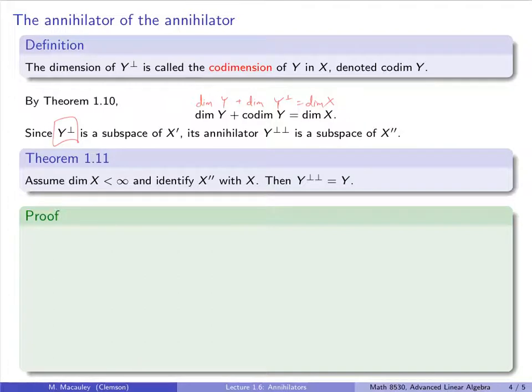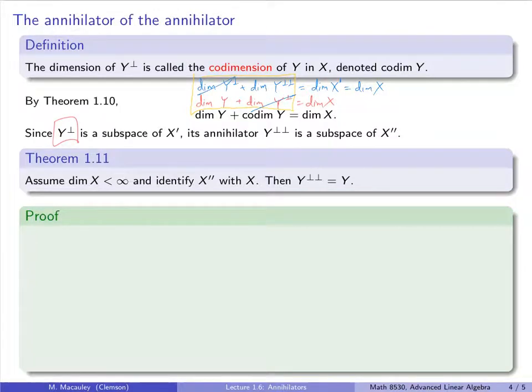So if we do this inside the dual for this subspace, then that says that the dimension of y perp plus the dimension of the annihilator of this, which is y double perp, equals the dimension of x prime, which is the dimension of x.